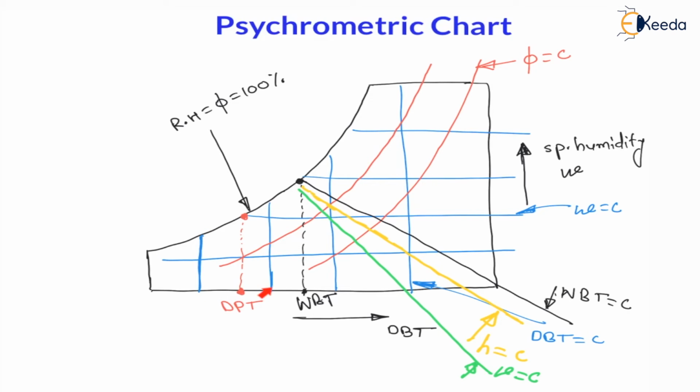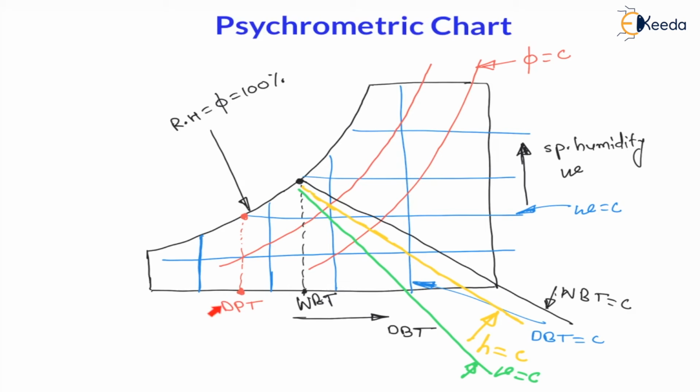Vertical lines with uniform spacing on the psychrometric chart are called constant dry bulb temperature lines. Horizontal lines with uniform spacing on the psychrometric chart are called specific humidity lines. Now, whenever this specific humidity line touches the relative humidity equal to 100% line, then we will get dew point temperature.